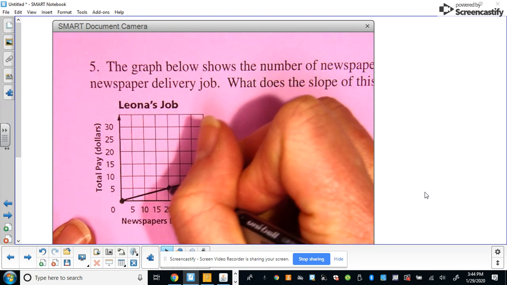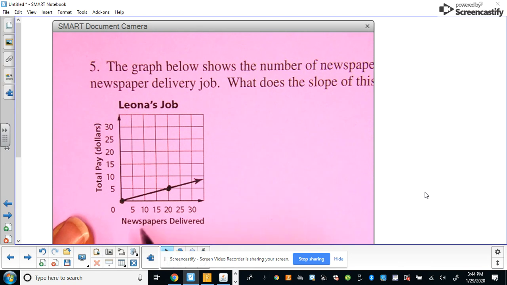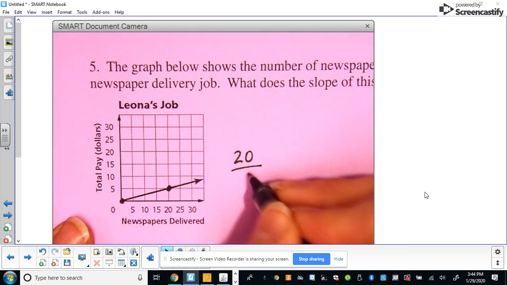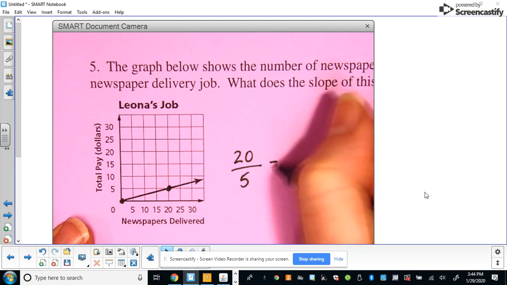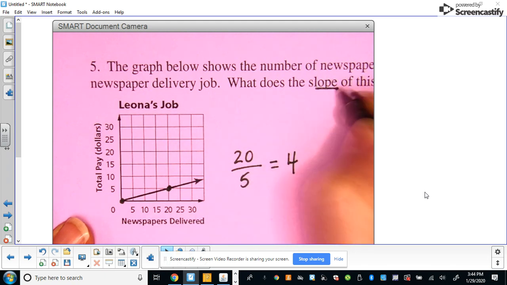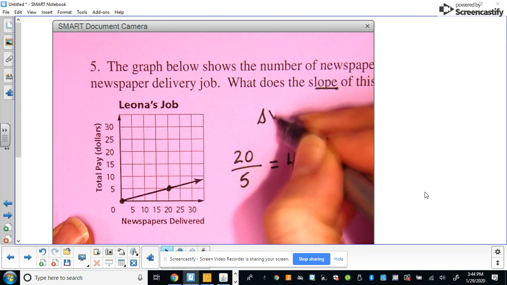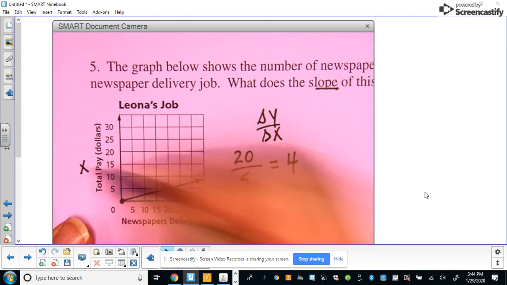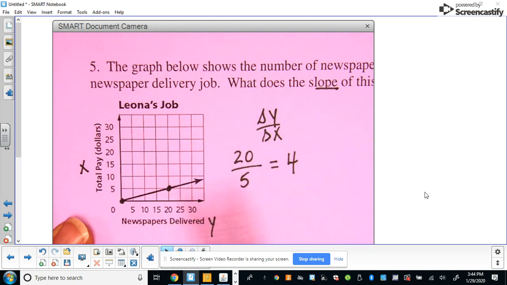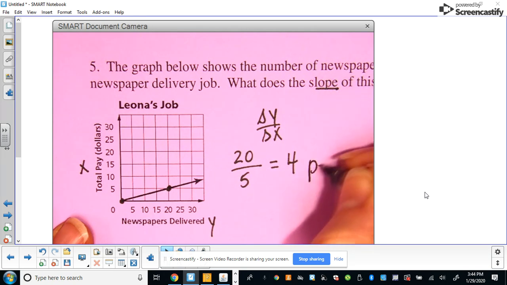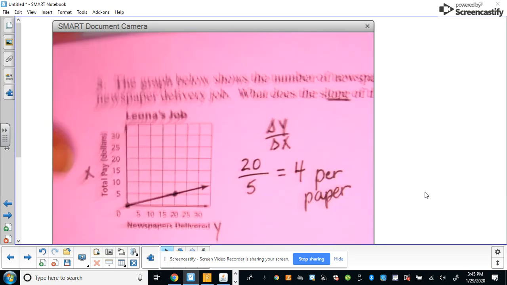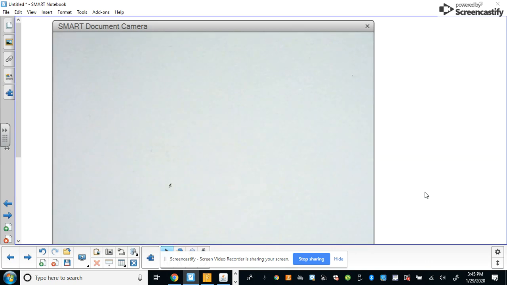Right here is a good one. This means for every 20 newspapers delivered, she gets $5. Slope is our change in y over our change in x. For 20 we get $5, which means $0.25 per paper is how much Leona is going to get for her delivery.